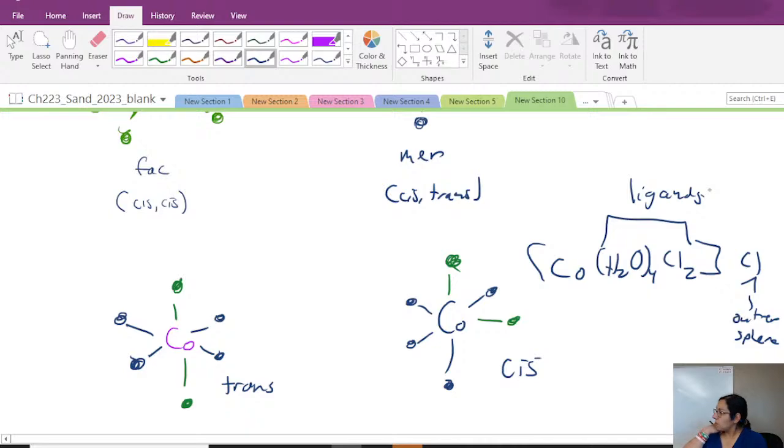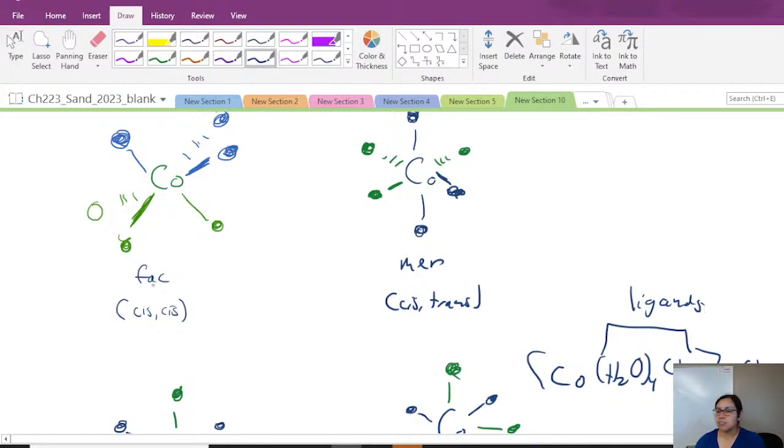Does that make sense for 3 now? Yeah, so it just goes back to the naming formalities. These are cis-cis or cis-trans, but again, I would use the terms FAC and MER just because that's what's more commonly used.